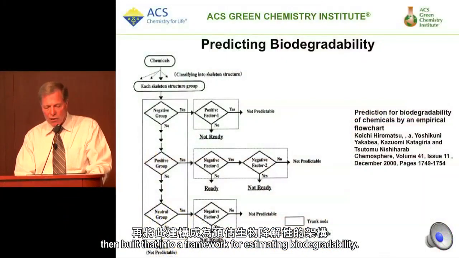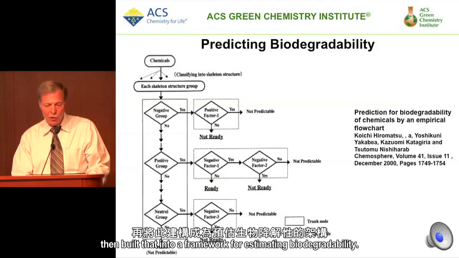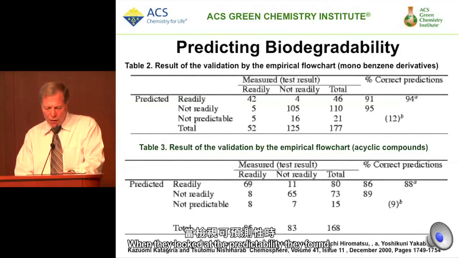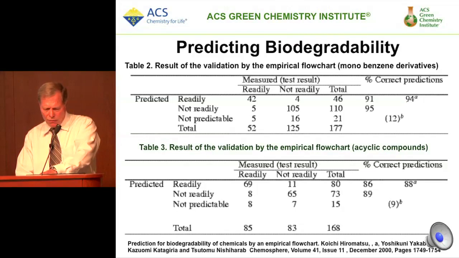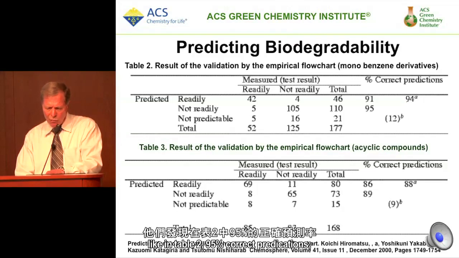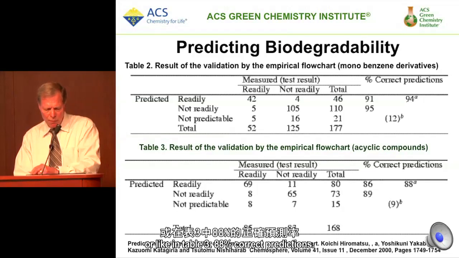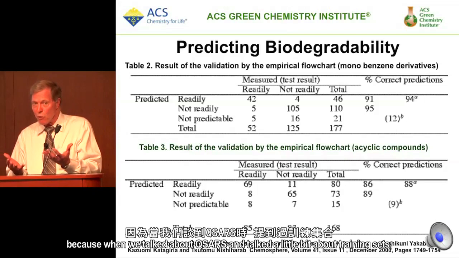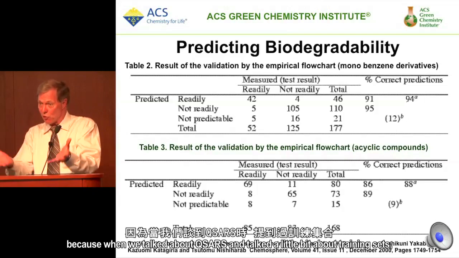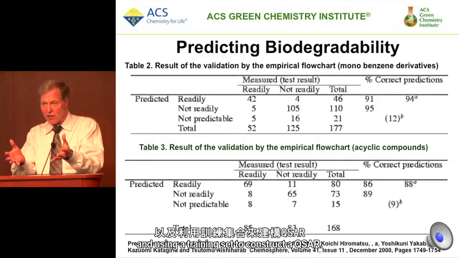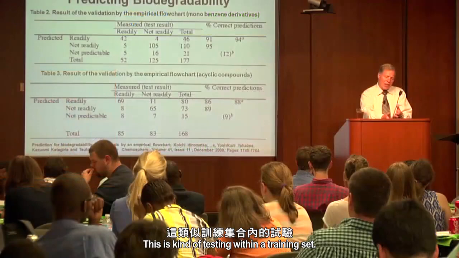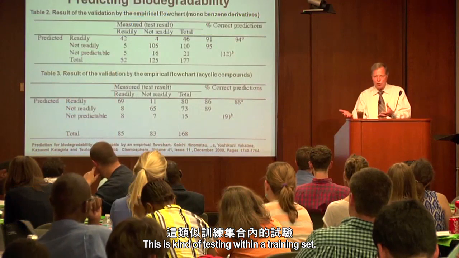And then they built that into a framework for estimating biodegradability. And when they looked at the predictability, they found for this table 2, 95% correct predictions, and for table 3, 88% correct predictions. This isn't really a surprise, though, because remember we talked about QSARs, we talked a little bit about training sets. So you use a training set to construct a QSAR. Well, this is kind of testing within a training set.